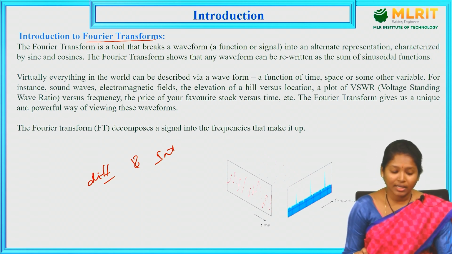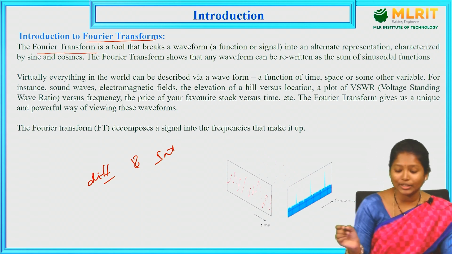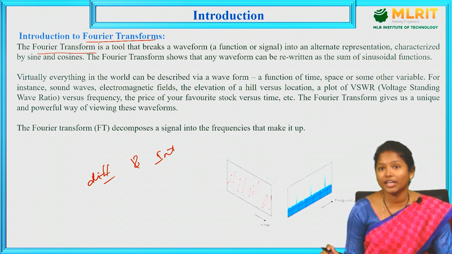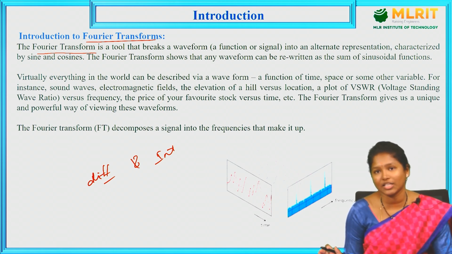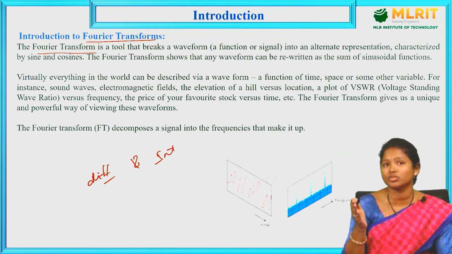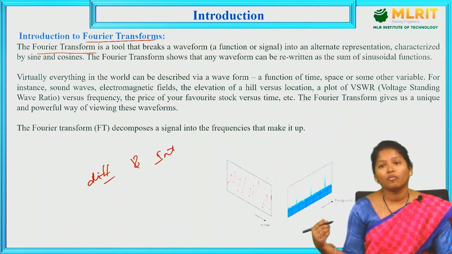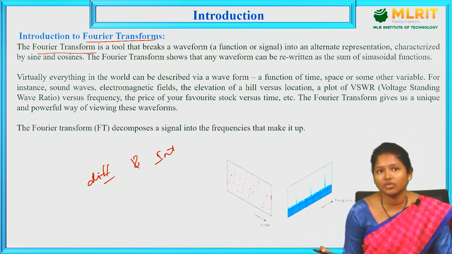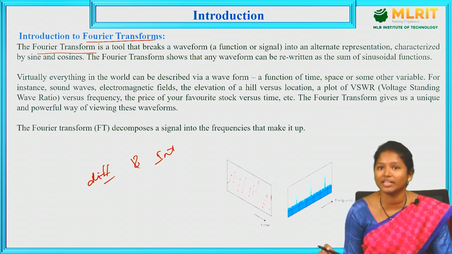The Fourier transform is a tool to break down a waveform. Its basic application is to break signals and waveforms into components; it decomposes a signal into frequencies, and it can also compose them back.